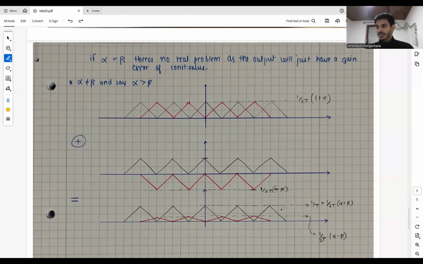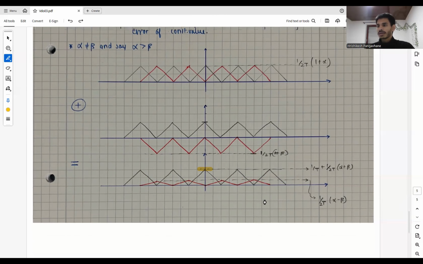So mathematically, this amplitude will be nothing but 1 by t plus 1 by 2t times alpha plus beta, because we are adding these two amplitudes. And as we are subtracting, cancelling the effect, this will be represented mathematically by 1 by 2t times alpha minus beta.